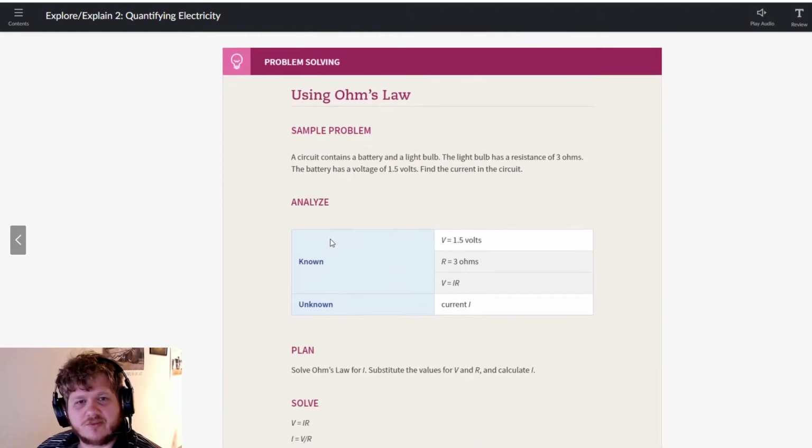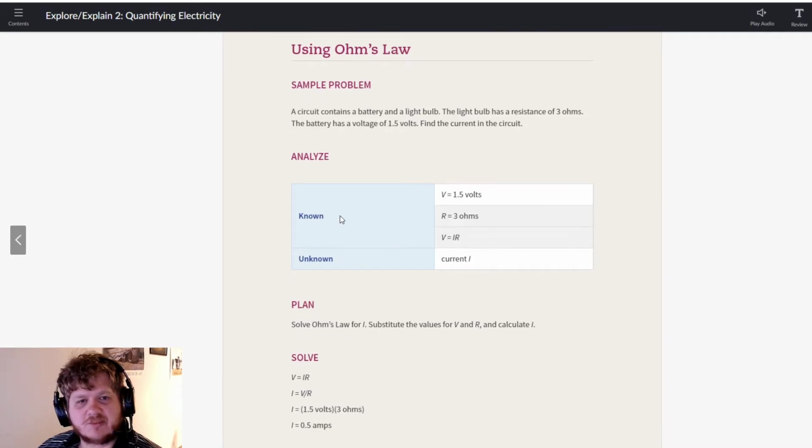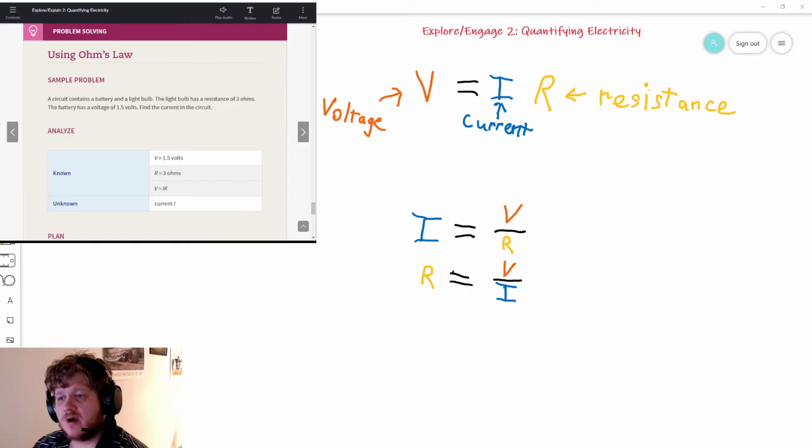When you get to the problems, I'm going to go through the sample problem with you. In this sample problem, we have a circuit containing a battery and a light bulb. The light bulb has a resistance of 3 ohms and the battery has a voltage of 1.5 volts, and we need to find the current in the circuit. We can make a table of knowns and unknowns.